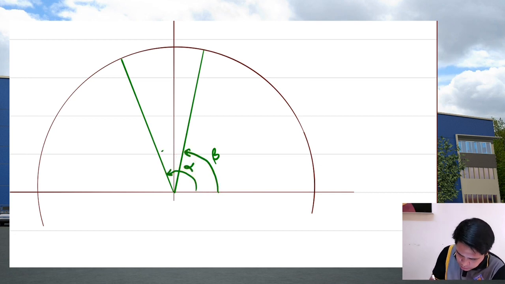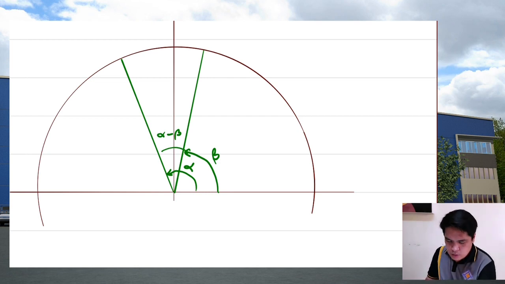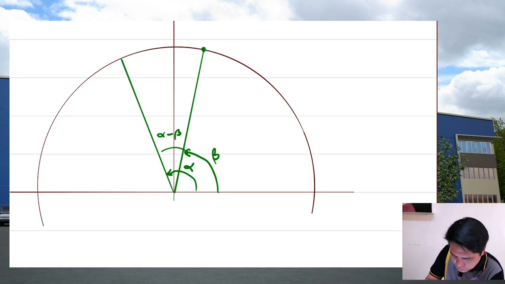That is now, eto na yung alpha minus beta. Okay? So, let's call this part here as P sub beta. Kasi siya yung point wherein the angle is beta. This point naman, let's call this P sub alpha. Kasi ito yung point para dito sa alpha.